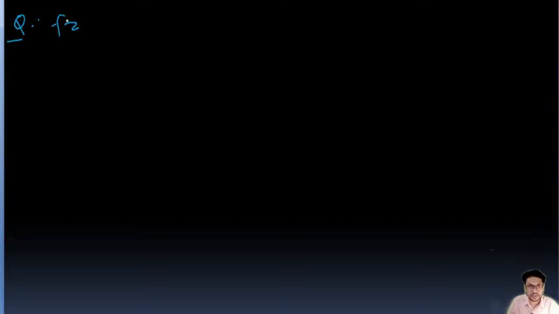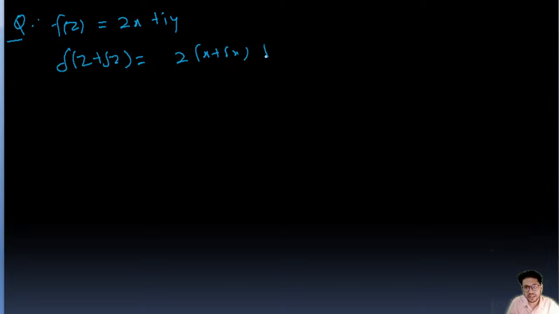So f(z) equal to 2x plus iota y. Okay, so from here we'll find f(z plus delta z), right? So this is going to be 2(x plus delta x) plus iota, in place of y, y plus delta y, right?